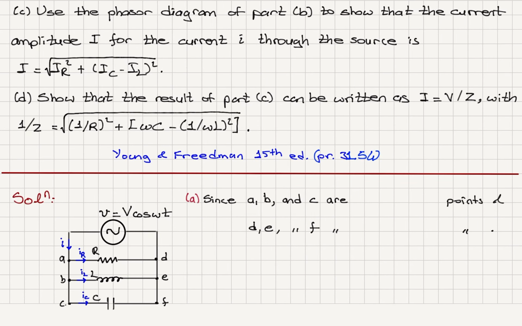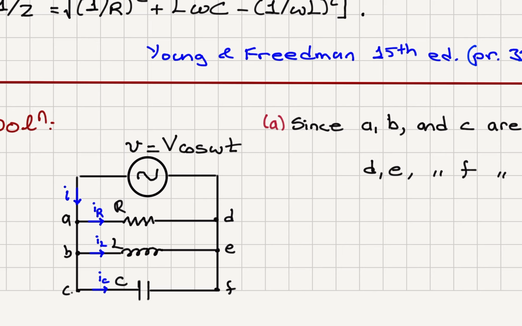Okay, so we have a resistor, inductor, and capacitor connected in parallel to an AC source. Instantaneous voltage, capital V cosine omega t. You can see that A, B, and C are at the same potential. D, E, and F are at the same potential.